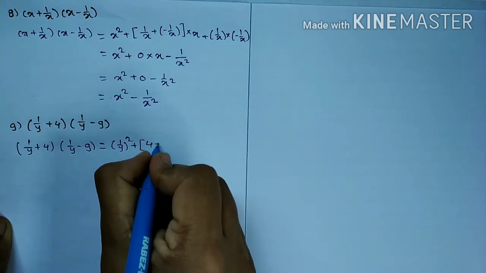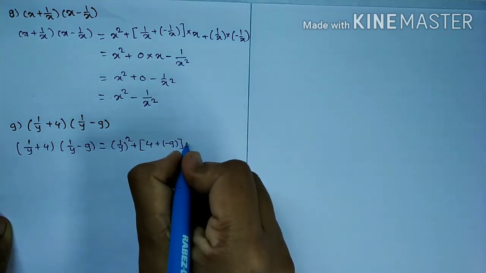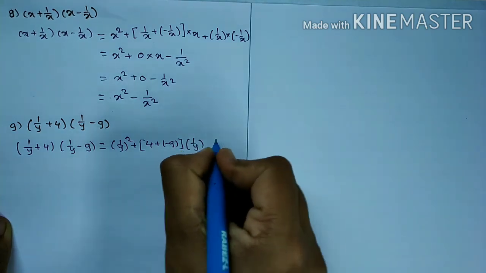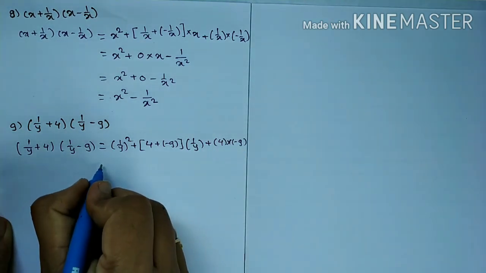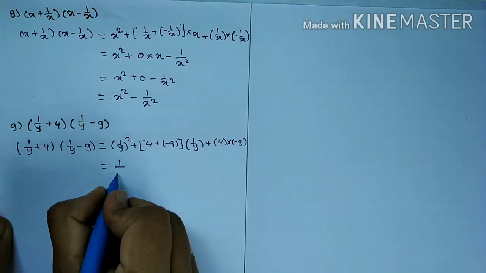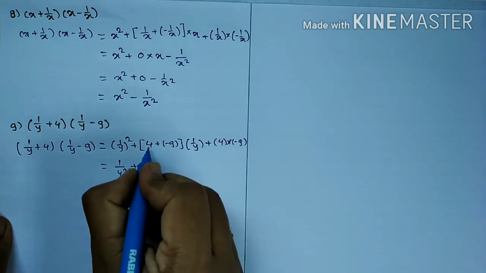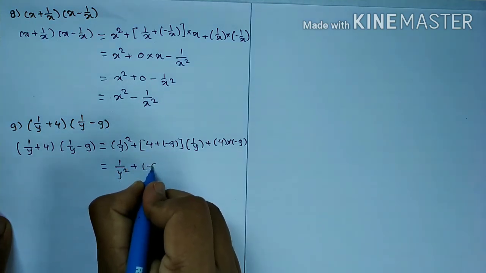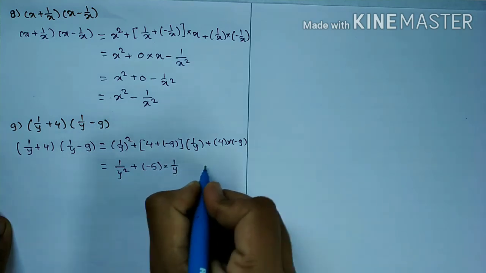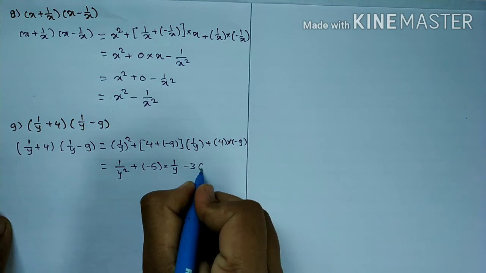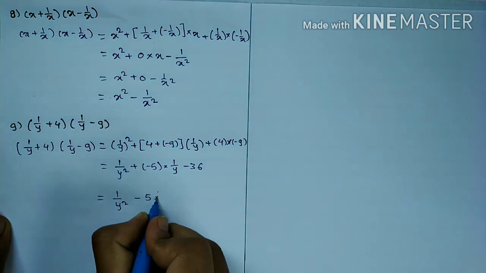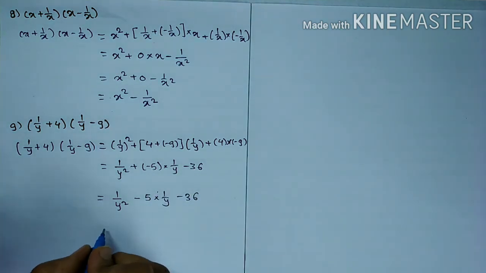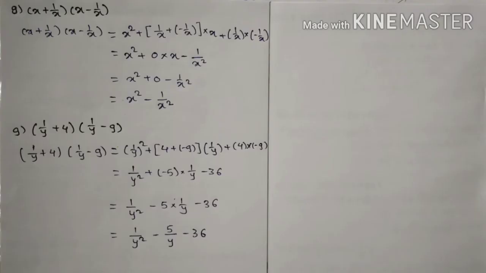A is 4 plus b is minus 9 into x, that is 1 upon y, plus a into b, that is 4 into minus 9, is equal to 1 upon y square plus 4 minus 9 is minus 5 into 1 upon y, 4 into minus 9 is minus 36, which is equal to 1 upon y square minus 5 into 1 upon y minus 36, that is minus 5 upon y minus 36. This is your answer. Okay.